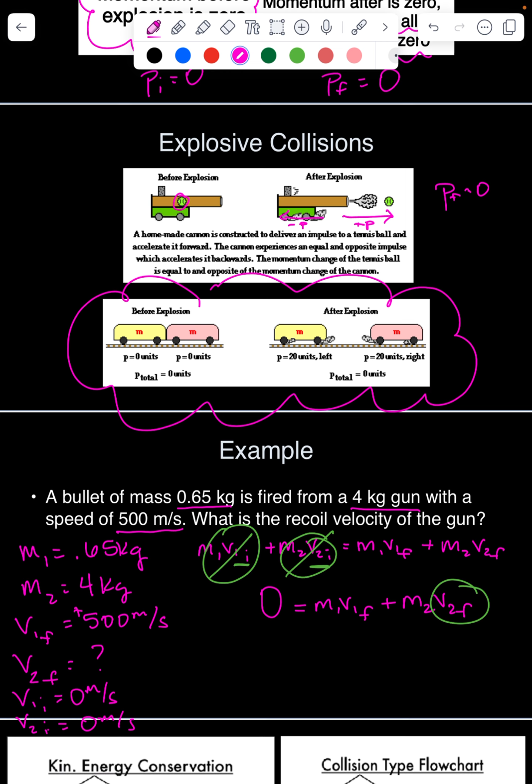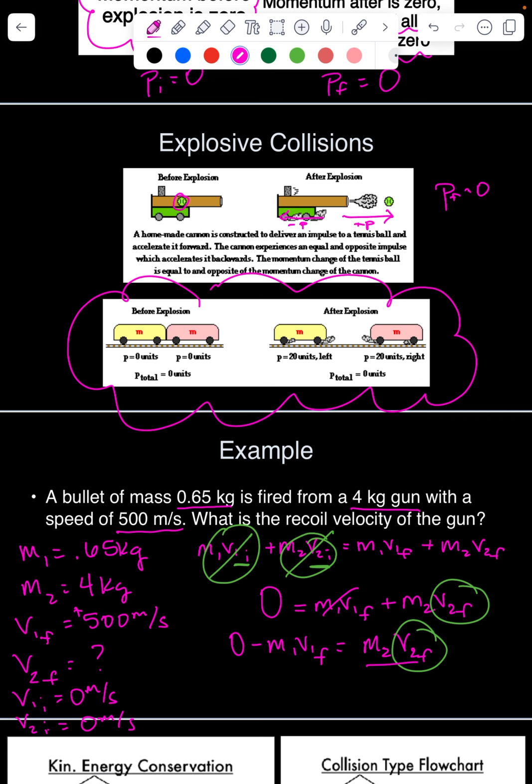The first thing that we have to get rid of is this first part, this M1 V1 final. So it's being added, so we're going to subtract it from both sides. So it's going to be 0 minus M1 V1 final is equal to M2 V2 final. All right, so since we're still trying to solve for V2 final, it's being multiplied by M2.